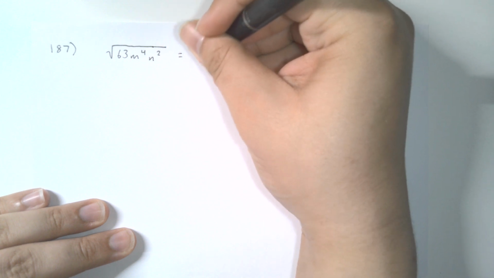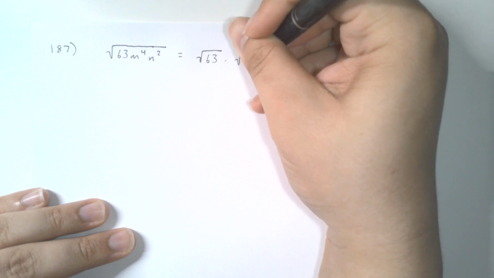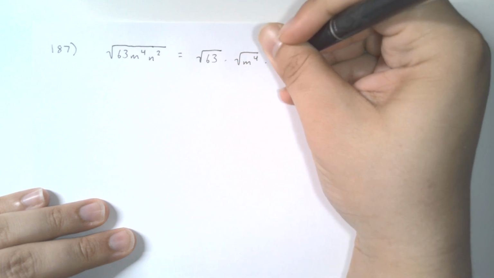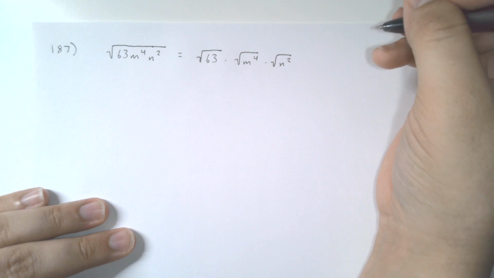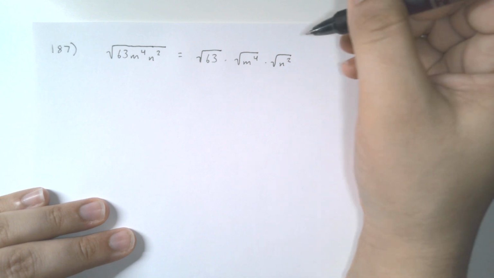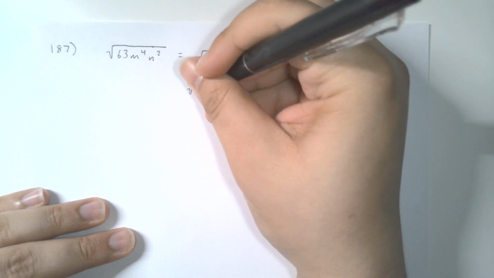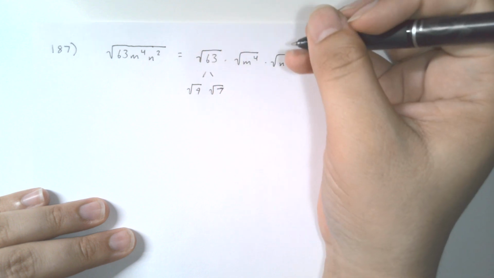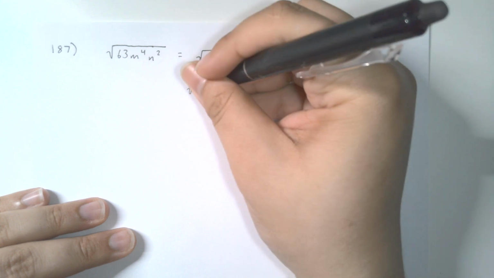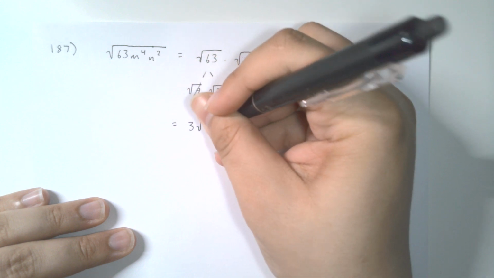We separate this as the square root of 63 times the square root of m to the 4th times the square root of n squared. We ask ourselves, what's the biggest perfect square we can divide 63 by? Well, that number is 9, and 9 times 7 is 63. Well, the square root of 9 is 3. So we have 3 square root of 7.